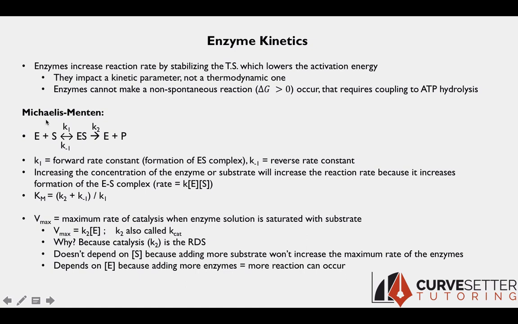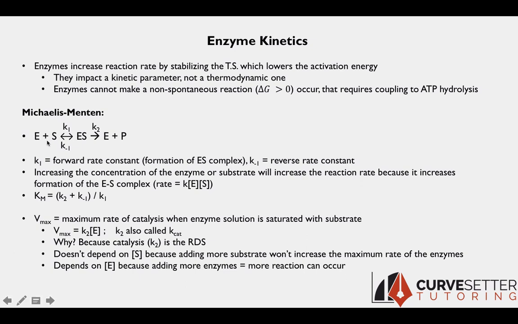Michaelis-Menten is a facet of enzyme kinetics which is really important for you to know for the MCAT. Michaelis and Menten are two scientists who came up with the Michaelis-Menten constant and a number of other equations that attempt to describe the kinetics of enzyme catalysis.